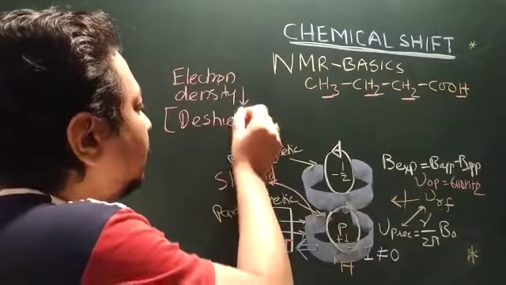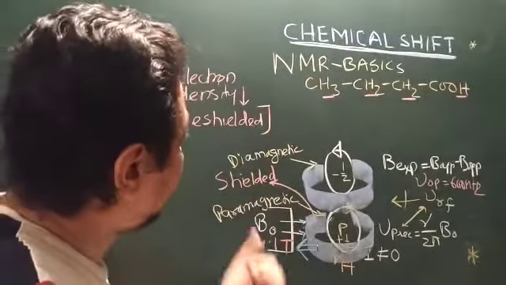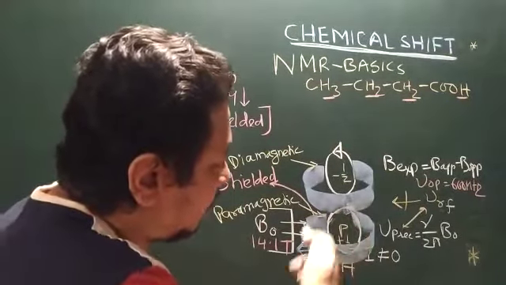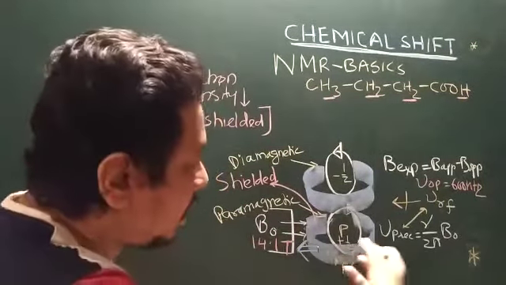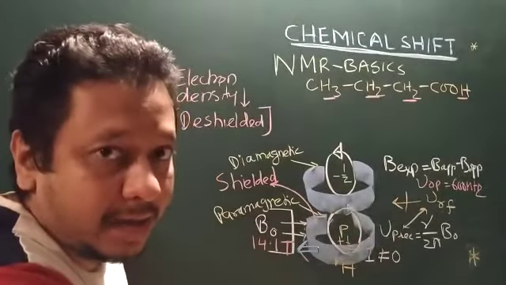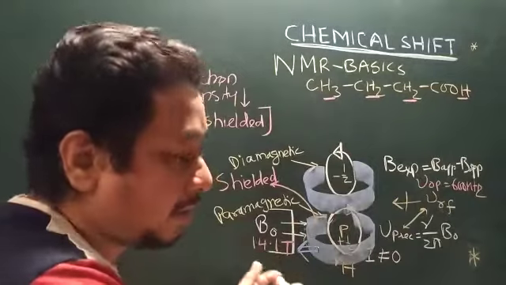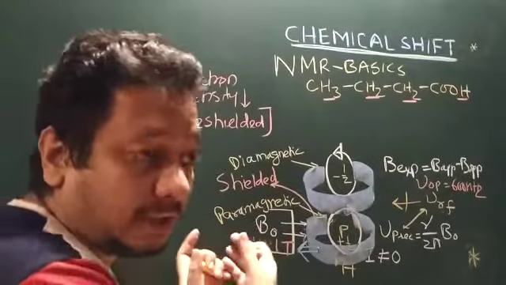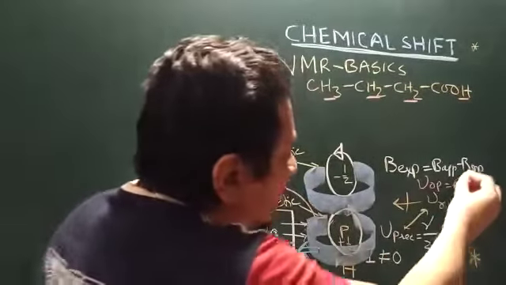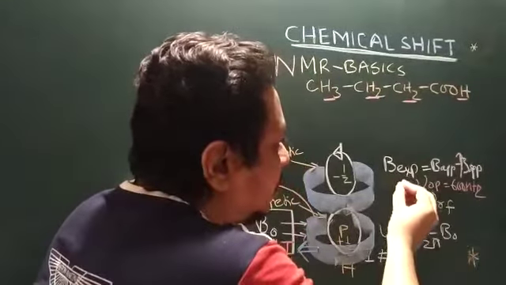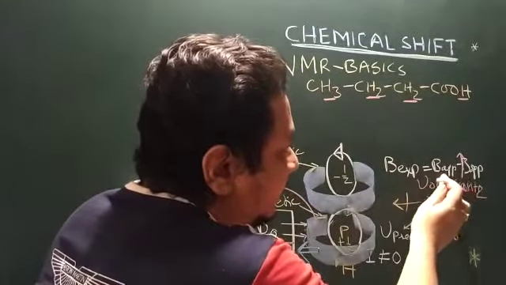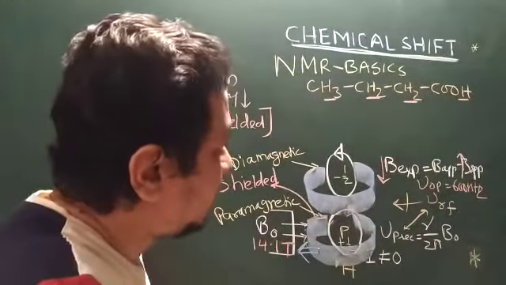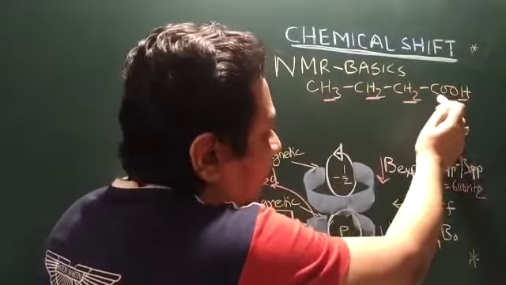If the electron cloud is less, the nucleus is de-shielded, because it is not opposing the external magnetic field in an effective manner; the denser the electron cloud, the more its capacity to oppose the external magnetic field. So if my B opposed is increased, then the difference is reduced, so my B experienced is reduced.